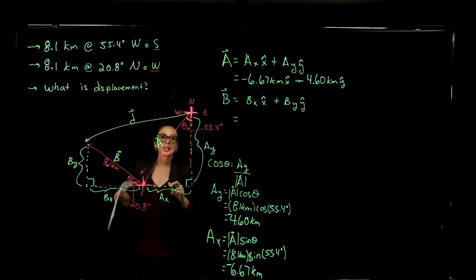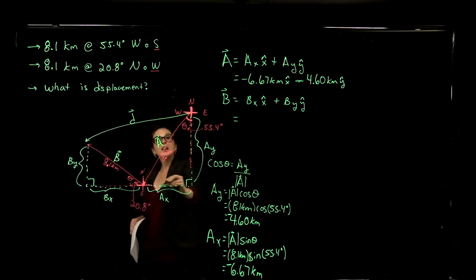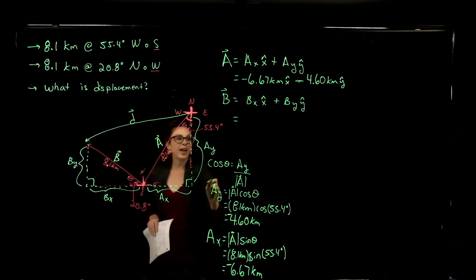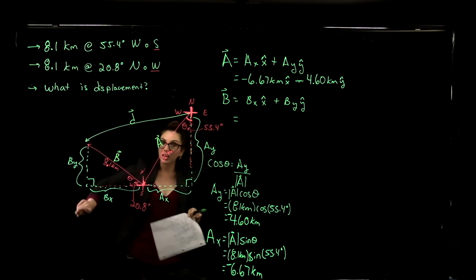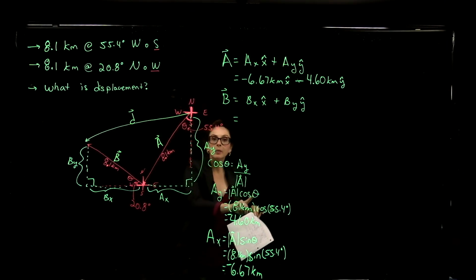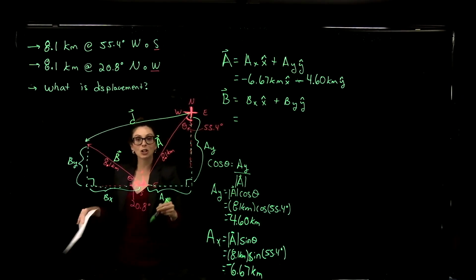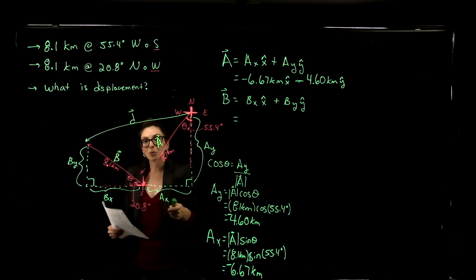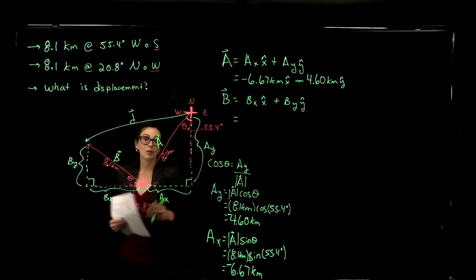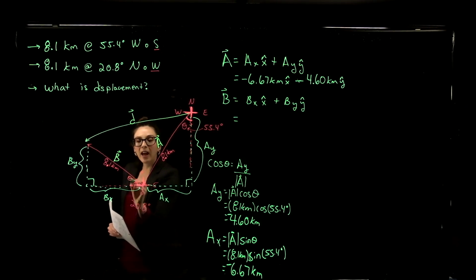Okay. Just because this first vector that I drew had ay equal magnitude of a cosine theta does not mean that by is going to be b times cosine theta. You have to pay attention to where your angle is and how you've drawn in your hypotenuse and the legs of that vector. So you have to treat each one of these vectors separately or differently. Okay, so since I have this angle right here, this angle is adjacent to bx.